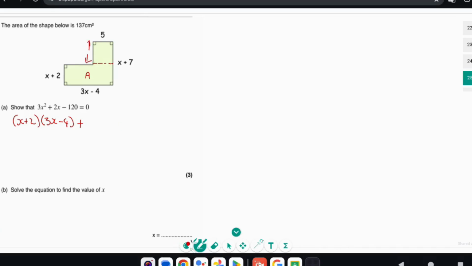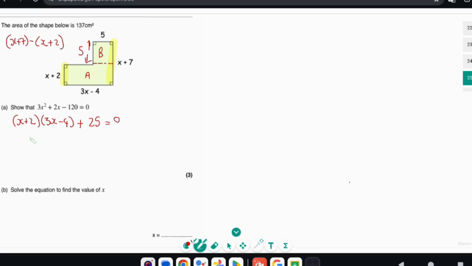The height is x plus 7 take away x plus 2. So what's x plus 7 minus x plus 2? x take away x, 0, 7 take away 2 is 5. Which makes sense because x plus 2 add 5 gives you x plus 7. So the area of B is base times height, 5x.